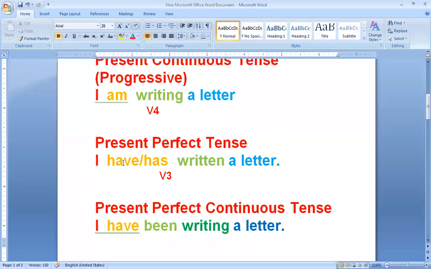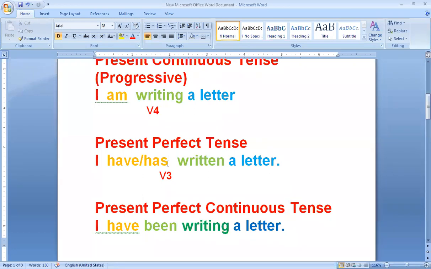There is an exceptional case. Though I is singular, we have to use have. For the rest of the singular subjects, we have to use has. For example, he has, she has, it has, the boy has. So I have written a letter.